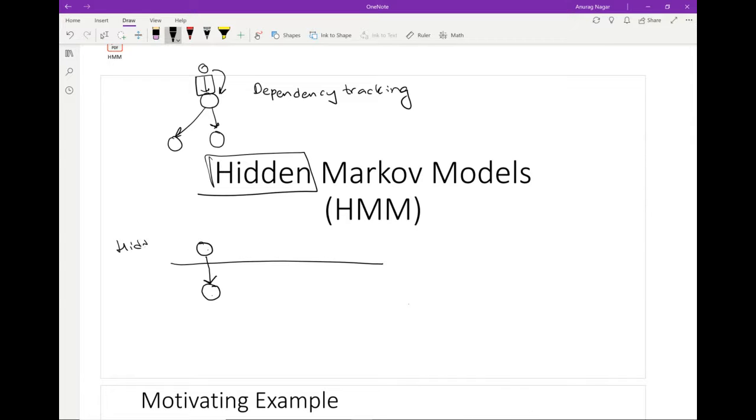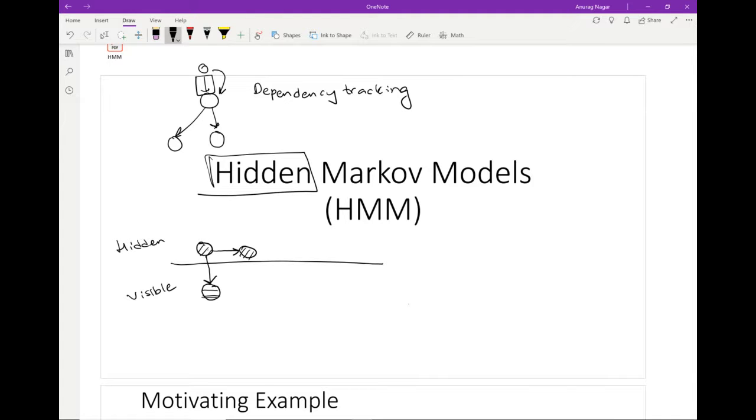This portion is hidden, and this portion is visible. Now the hidden node, which is this one, influences the observed node right here. And it also influences one more thing: the next node.